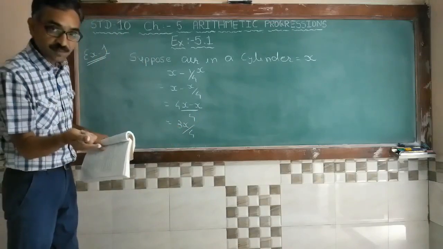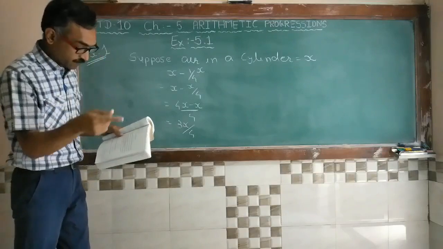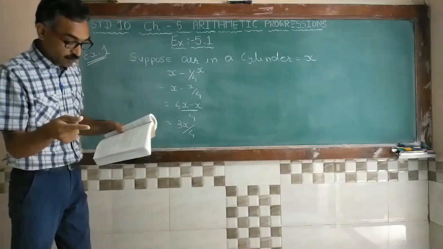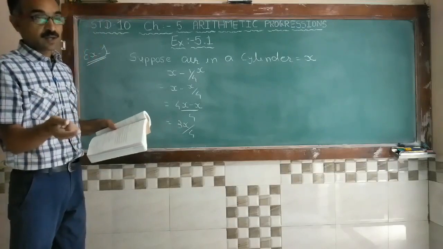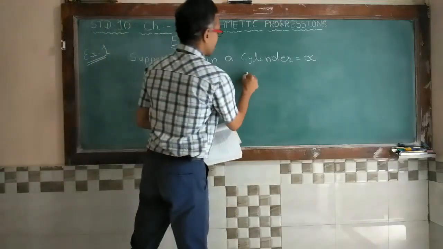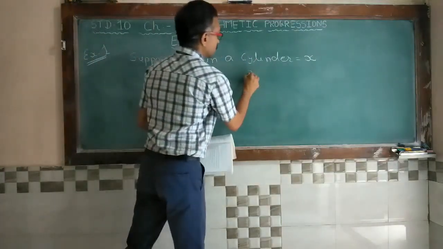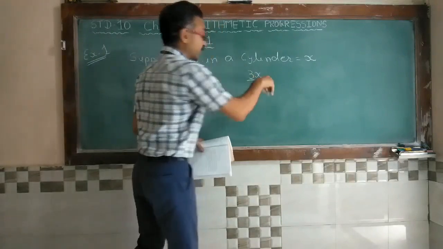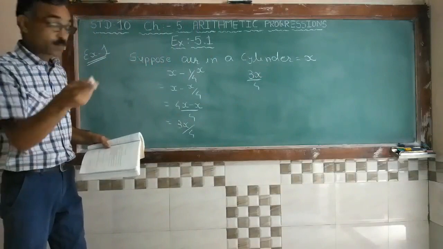Now the third term. Which one? See, every time when you are pumping, your vacuum pump removes 1/4 of the air which is in the cylinder. So again, which one is your second term? 3x divided by 4. Now 1/4 of that is removed from here.